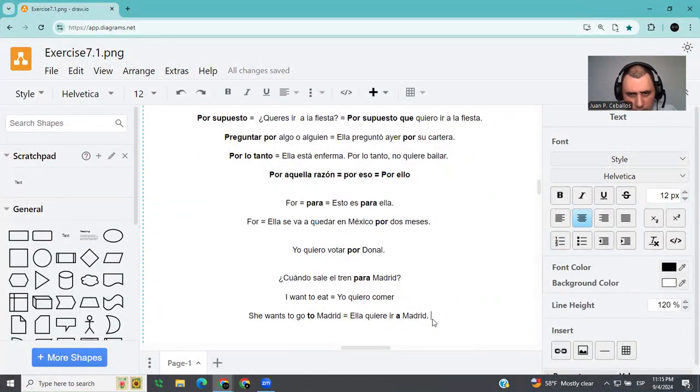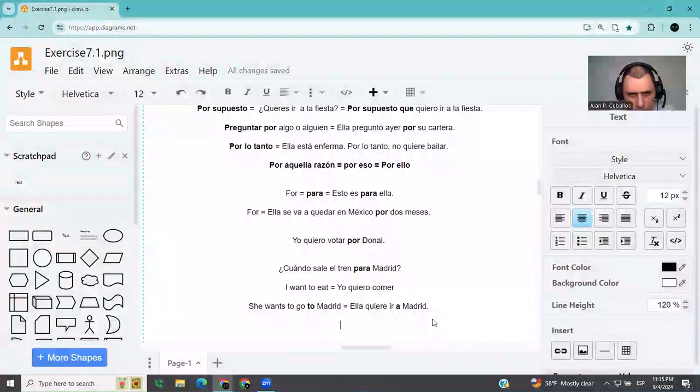Now, the other thing that can happen here is the expression salir para. And this in English will be to leave to, with the example that I gave you here.